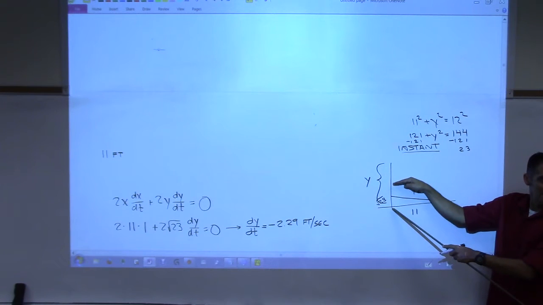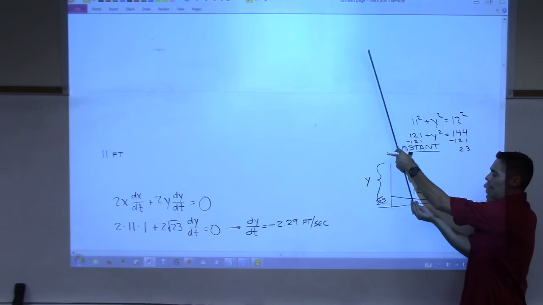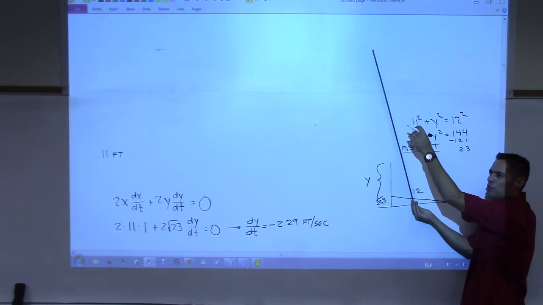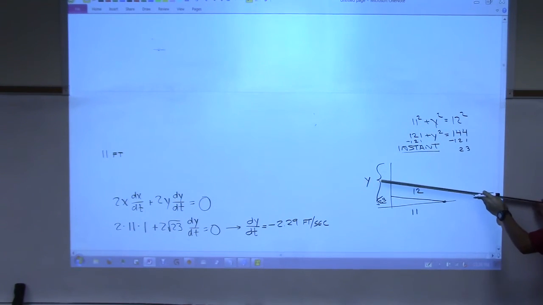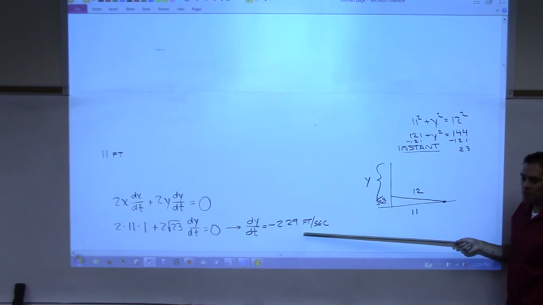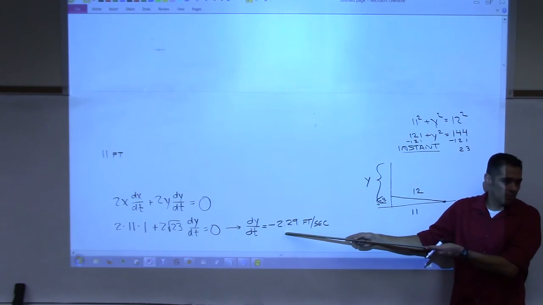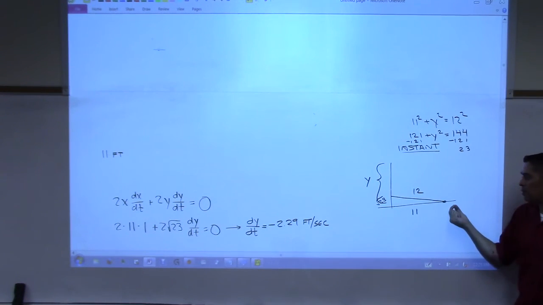If it had been positive, it would have meant y is growing. So when we are 3 feet away, it's coming down at negative 0.2 something. But when we're 11 feet away, that point is coming down at negative 2.29 feet per second. It's coming down more than twice as fast as this point is moving out.